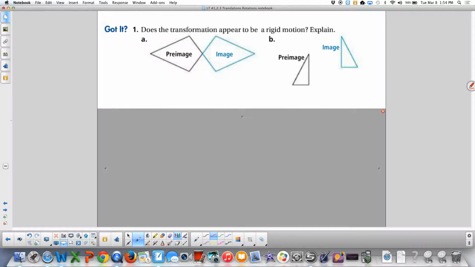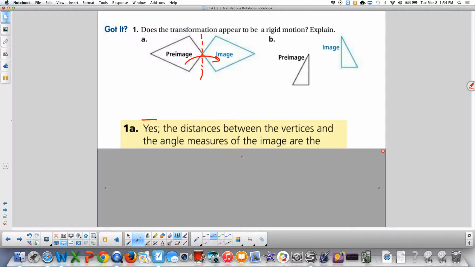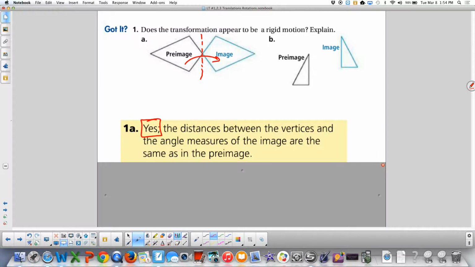Try A and B. Pause the movie to answer this question if it's an example of rigid motion, and then press play when you're finished. Let's look at this. So it appears to be a reflection, the pre-image to the image. And that is, yes, in fact, an example of rigid motion. Any kind of reflection preserves the distance, and so is an example of rigid motion.